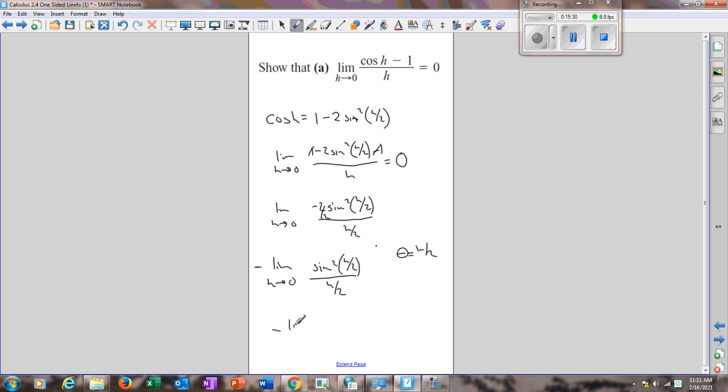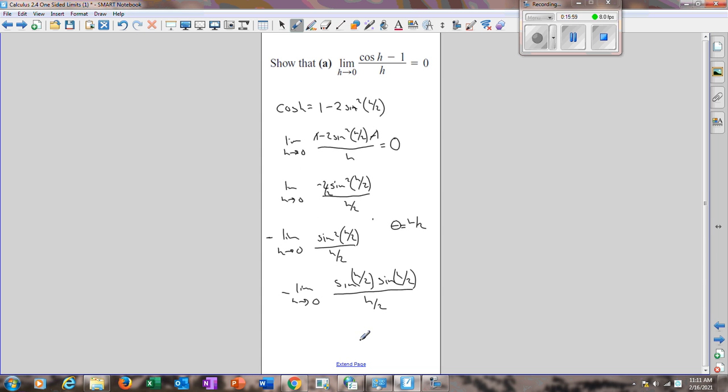So then this is the negative limit as h approaches 0. And I'm just going to divide those out. I'm not actually dividing it, I'm just writing them out twice. So now I have sine of h over 2 over h over 2, which is theorem 7 because that's my theta, h over 2.